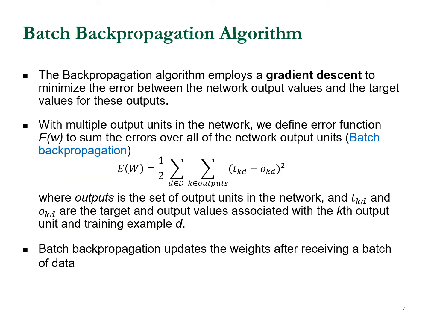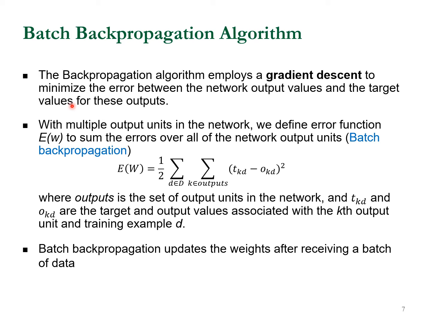Now let's see how the backpropagation algorithm works. As I said many times, the backpropagation algorithm employs a gradient descent method in order to minimize the error between the network output and the target values.